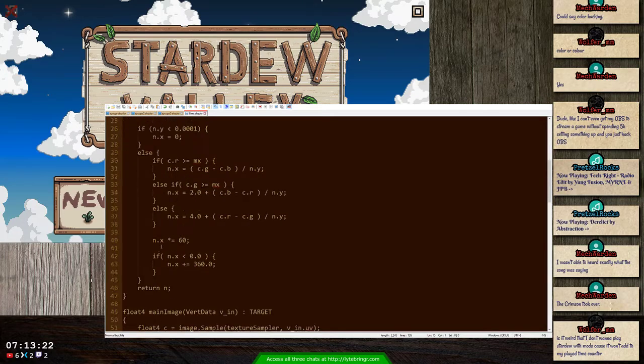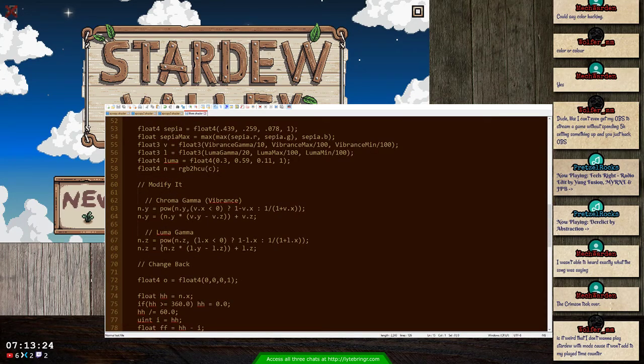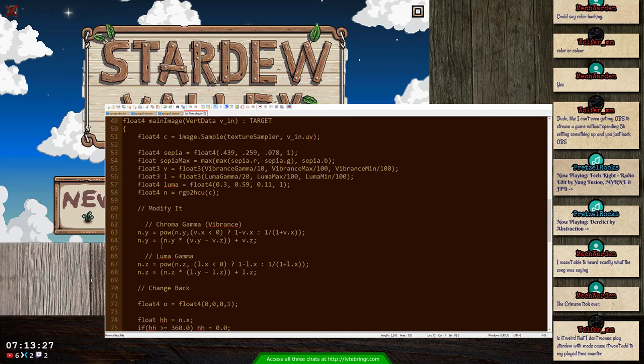Okay, so now the question becomes, with the color isolation, how do we balance the gamma with the isolation?